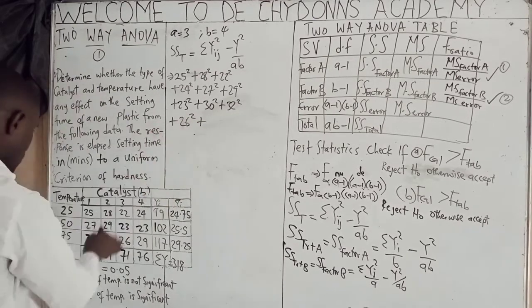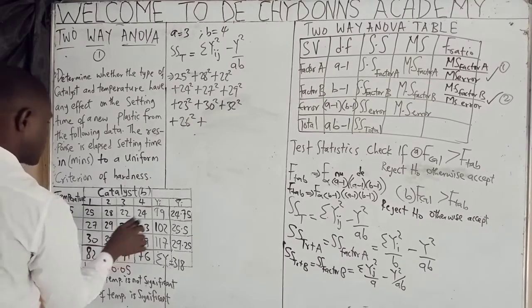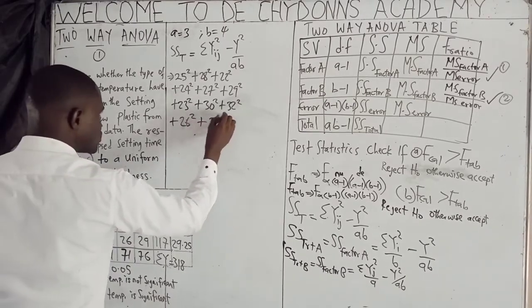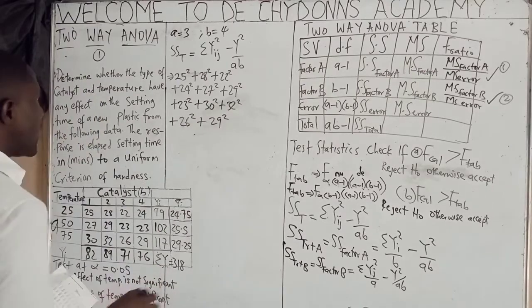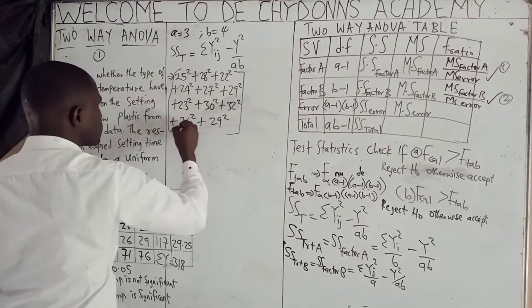So after 30, we have 32, we have 26, then plus 29 squared. Then you put it in bracket.